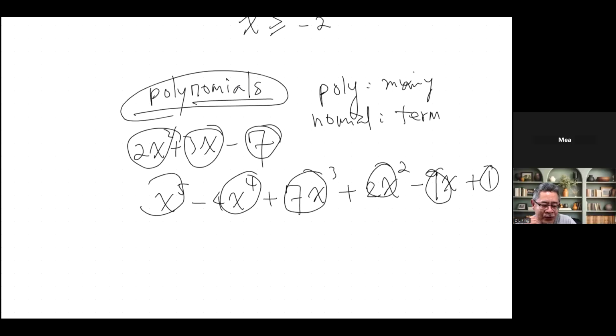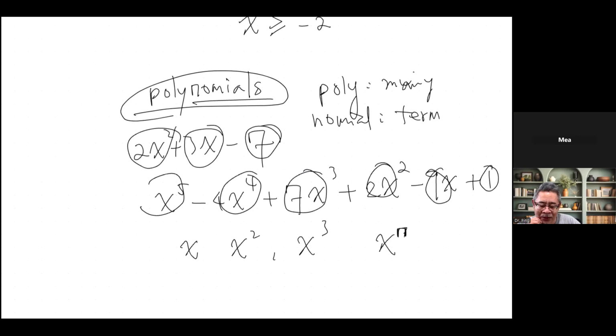And also about the variables. The variable has to be either x or x squared or x to the 3rd, x to a positive number. It could be 5, 6, 7, 8, and could be many.